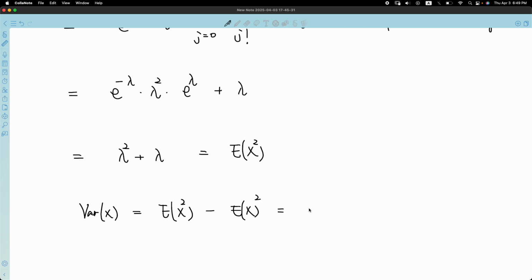Plug in the terms that we just obtained: lambda squared plus lambda minus lambda. Don't forget the square for the square of the first moment. That is lambda, the variance of x. You've probably already known all these results. For a Poisson random variable, the expectation is equal to the variance, equal to lambda, which is the parameter of the distribution.